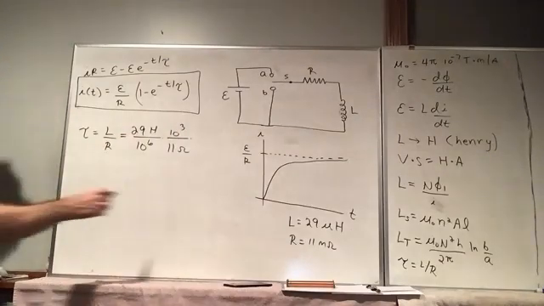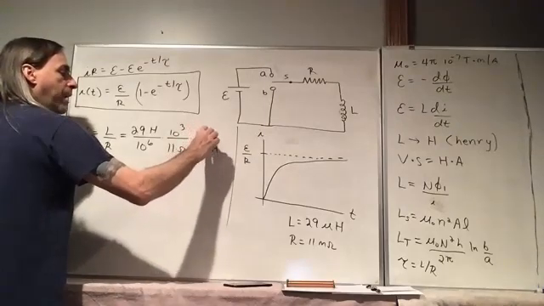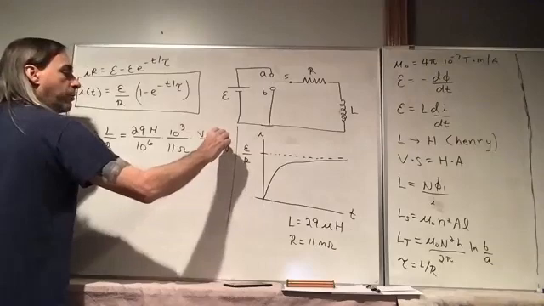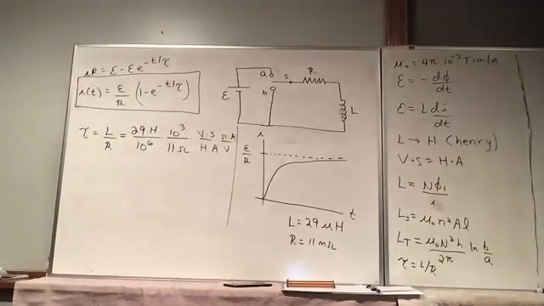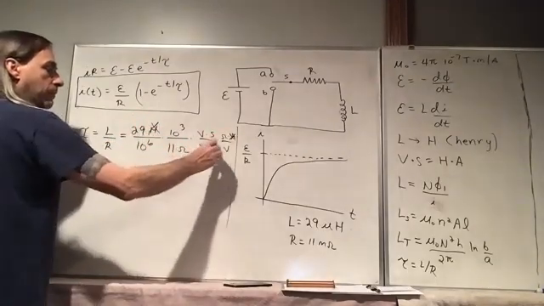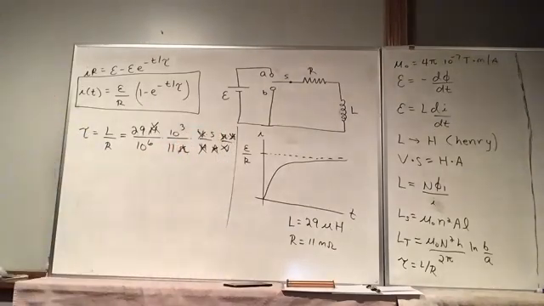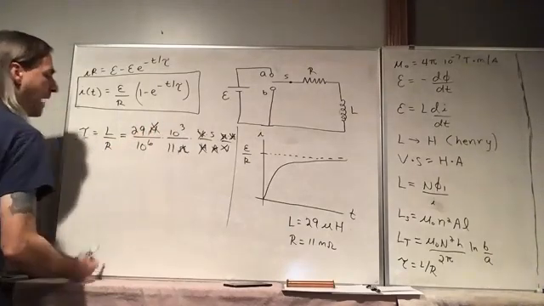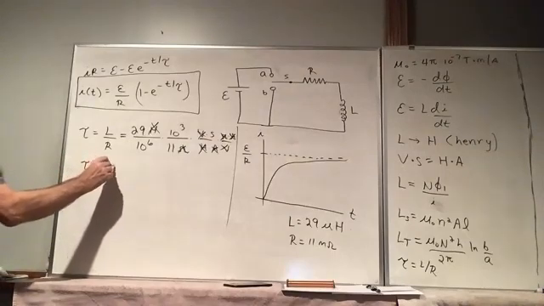And remember, a henry times an amp is a volt times a second, and a volt is an amp times an ohm. Those two should do it. So we get seconds here. But really, let's convert to milliseconds by multiplying by 1,000.